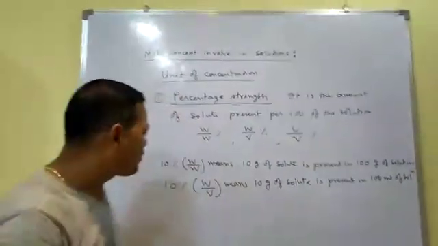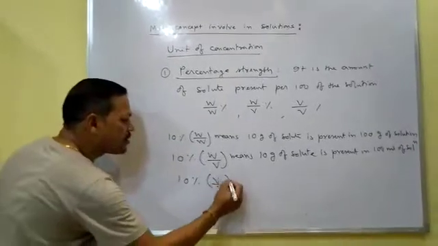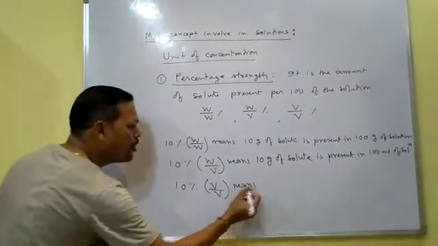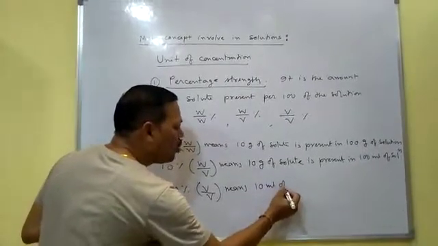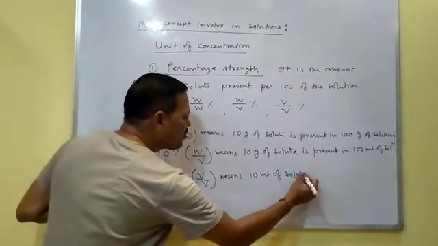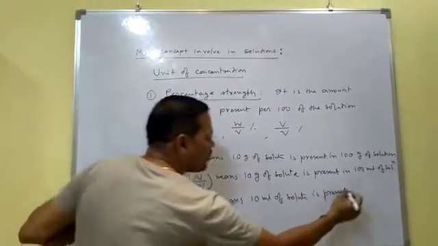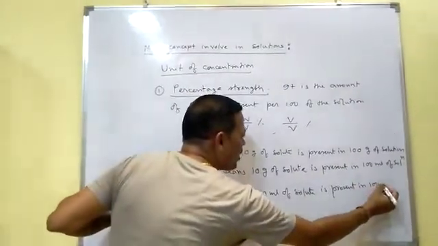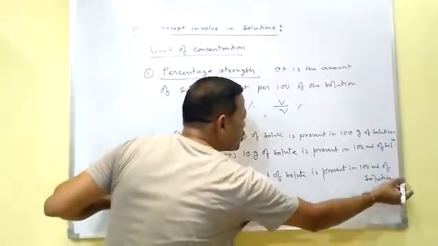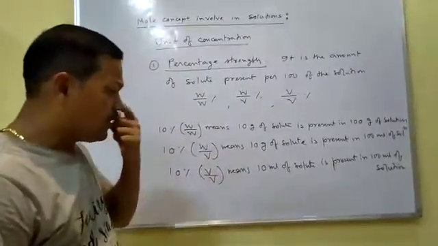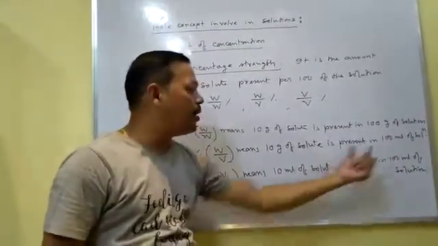Similarly, 10% V by V means both you have to express in volume. I mean 10 ml of solute is present in 100 ml of solution. So here both are expressed in volume, 10 ml, 100 ml.